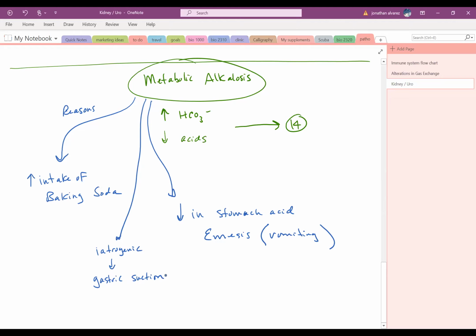Okay. And the reason why the hospital would have had to do a gastric suction is because of consumption of poisons. Okay, consumption of poisons.